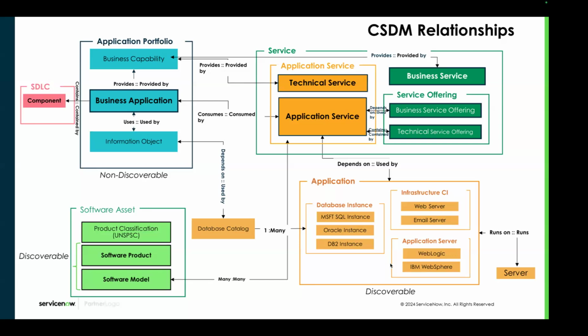We guide you to populate data. After you populate data in each table, relationships, for example in the application service, are automated. You can connect relationships with business applications, technical service, business service offering, and technical service offering. This becomes an automated approach in ServiceNow.